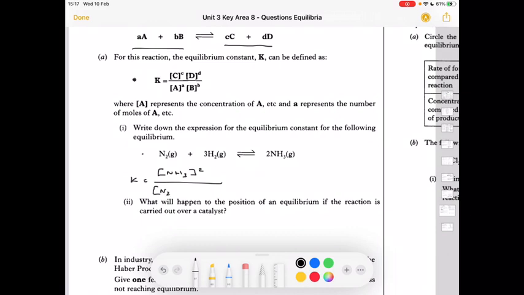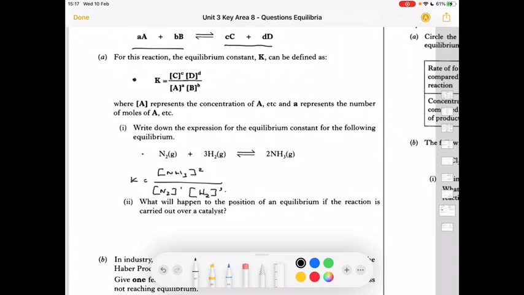So we'll get nitrogen, which is N2, and we only have 1 mole of that, so you put 1 in there. Actually, if you had just written that on its own, because you're doing it to the power of 1, you don't actually have to put that number in there, but I'm just putting it in just to show you. And you won't go wrong if you do that. And we've also got this one, B, is going to be H2, but because that's got a 3 in front of it, you put a wee 3 up there, and that's the answer.